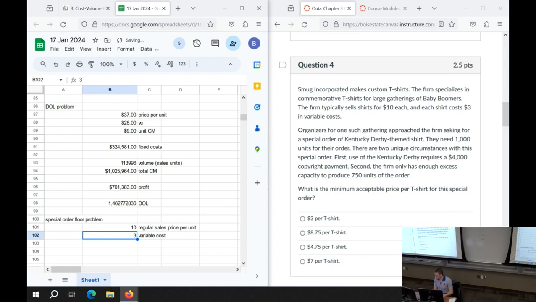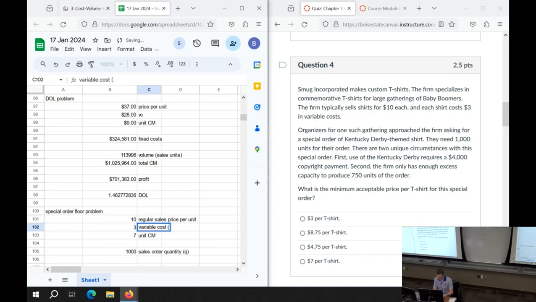That's how much it costs us to make them. Which means we have a unit contribution margin of $7. We have a quantity. This is the sales order quantity, Q in the equation in the textbook.